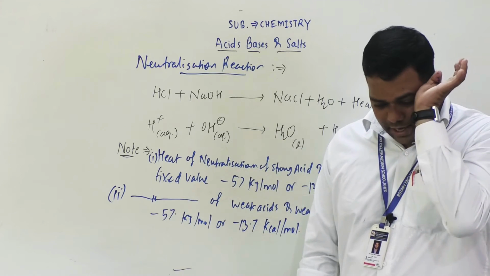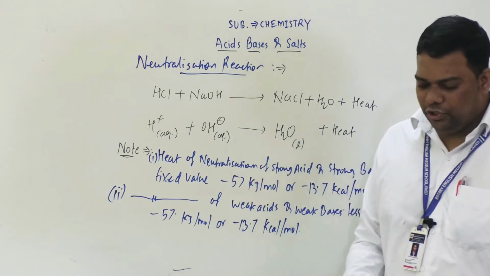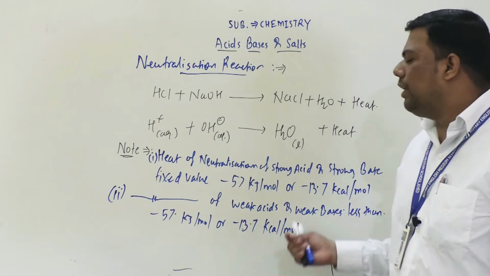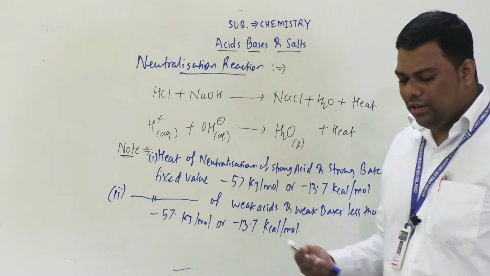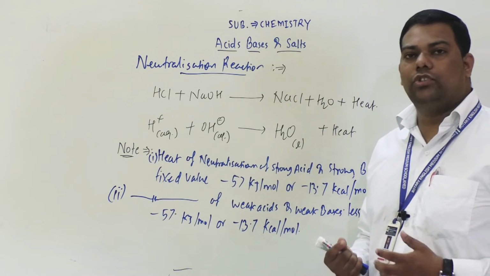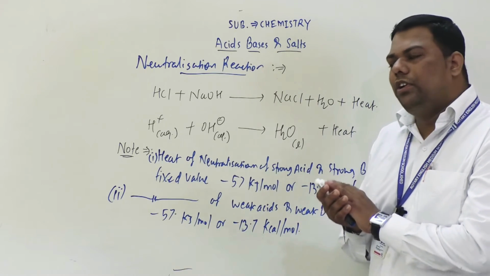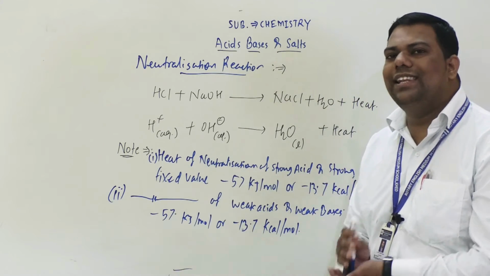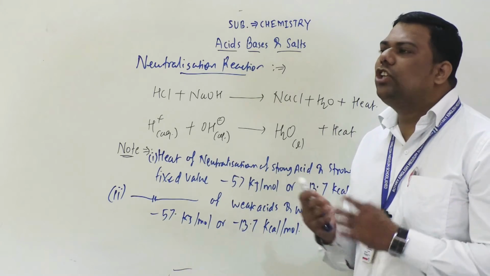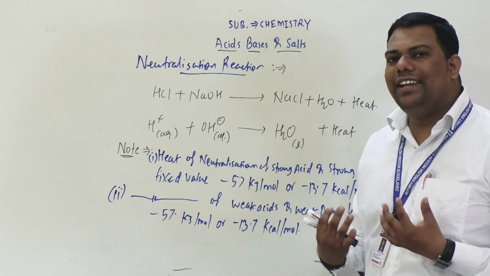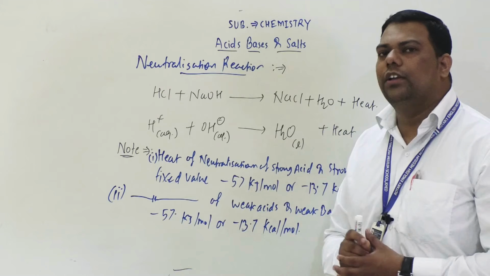Because some amount of heat is utilized in the dissociation of the weak component. Weak acids are ionized to a lesser extent as compared to strong acids and strong bases, so some amount of heat is utilized to dissolve them in that solution.